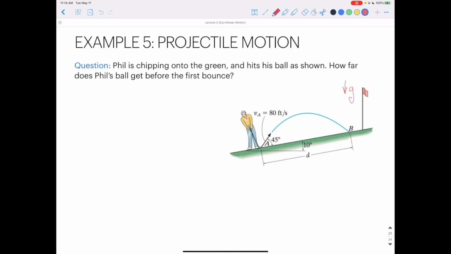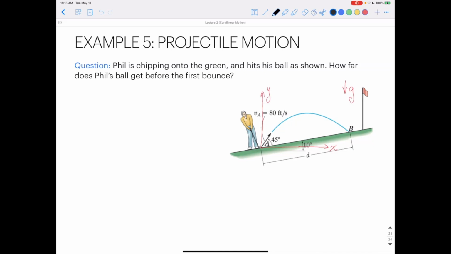So let's keep the same equations we had before. Let's draw our coordinate reference frame. y is vertical, x is horizontal. So everything is now going to be with respect to this frame.